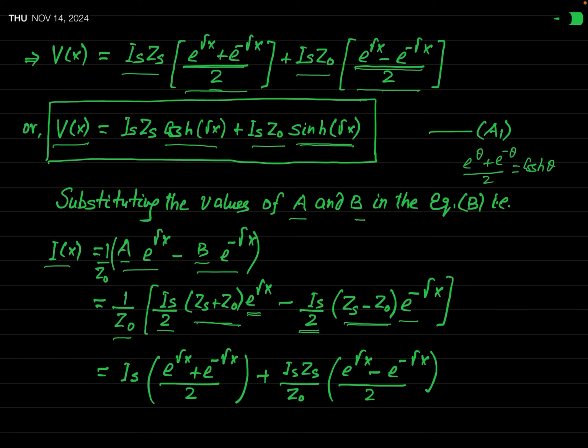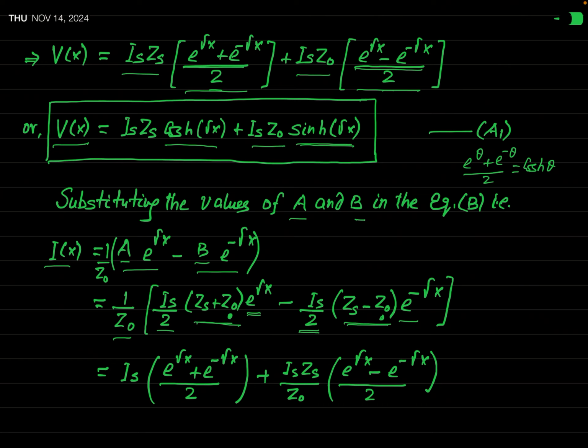Now again we will associate the similar terms. You can see when you take the second term containing Z naught in both terms, then 1 over Z naught times Is over 2 times Z naught.